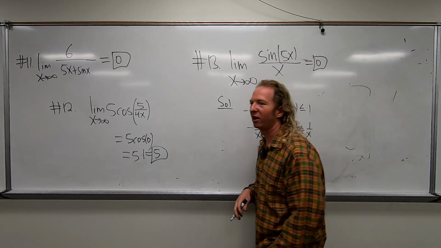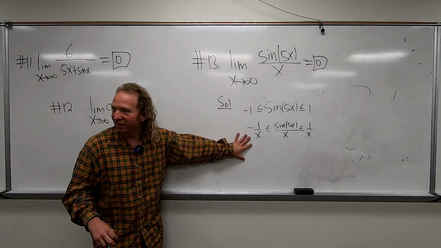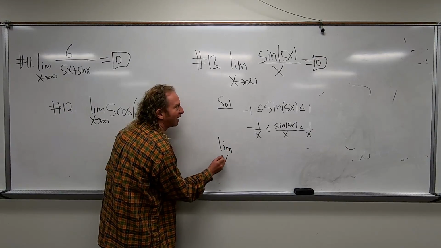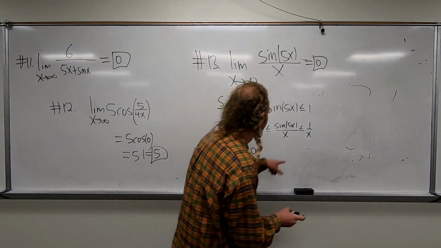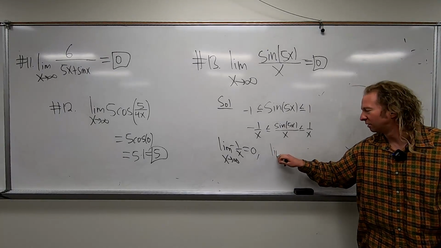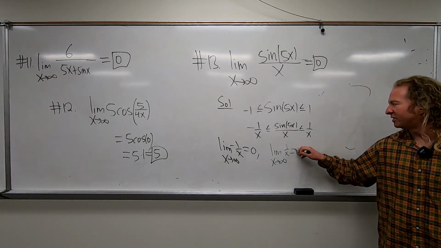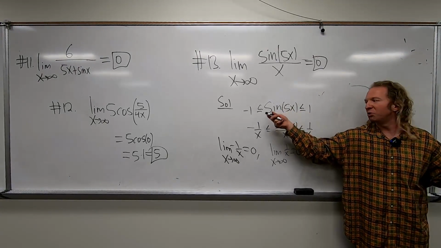You've got enough going on with this next test. Then you're supposed to take the limit here, and take the limit here. As x goes to infinity, you get 0, and you do the same here. So basically, you create the inequality. You start off by recognizing that sine is between -1 and 1.